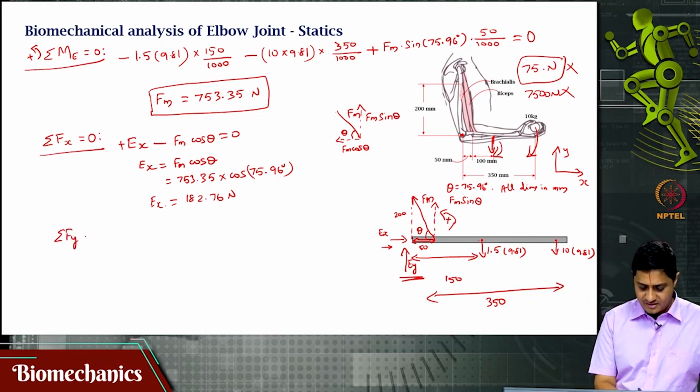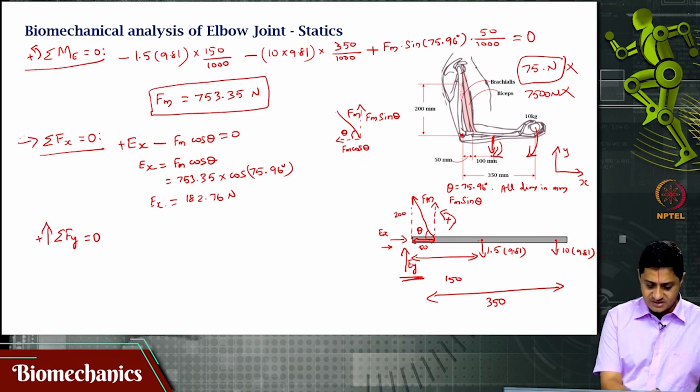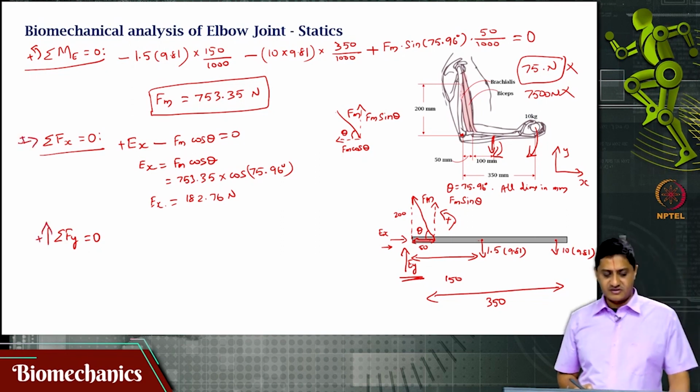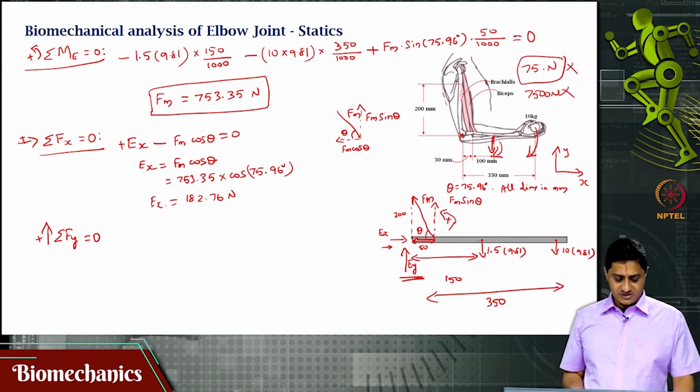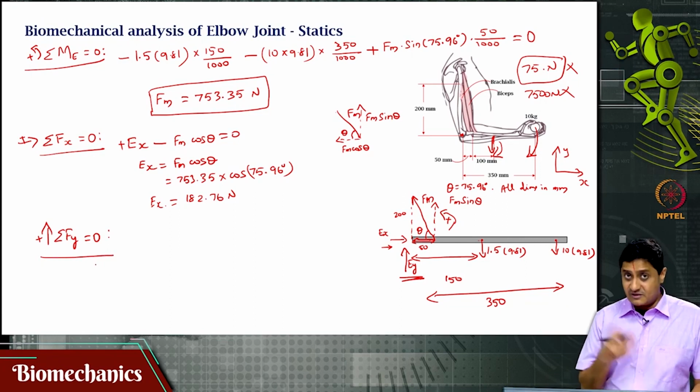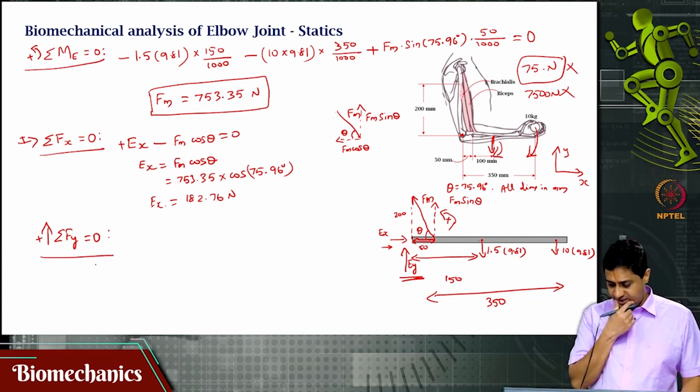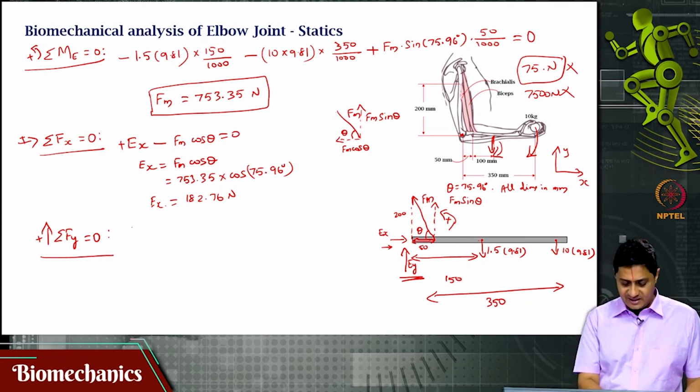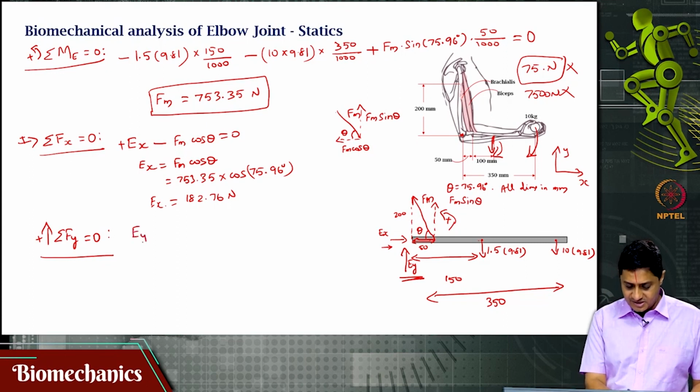Sigma Fy equal to 0, upward considered positive. In this case, right side is considered positive. For the x case, it is right side considered positive. Sigma Fy equal to 0. Here there will be many terms, okay, because there will be Ey in the positive y direction plus Fm sin theta. Why plus? I already resolved this for you.